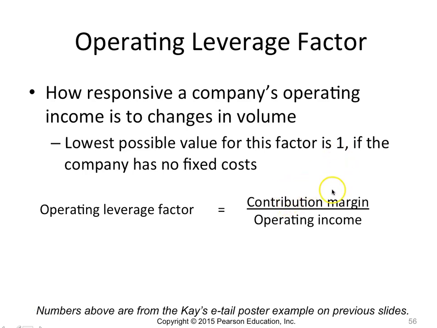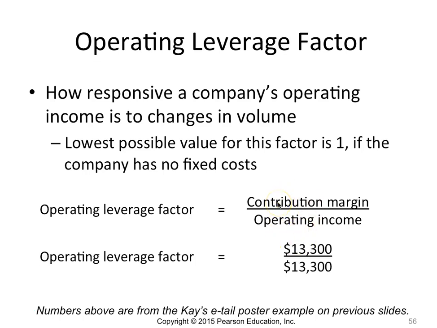So the lowest is 1, so the leverage factor is always 1 or above. Contribution margin is always greater than or equal to operating income, because we must use contribution margin minus fixed expenses to get operating income. So the only time contribution margin equals operating income is when fixed cost is 0. In most cases that's not 0. That means leverage is always greater than 0.